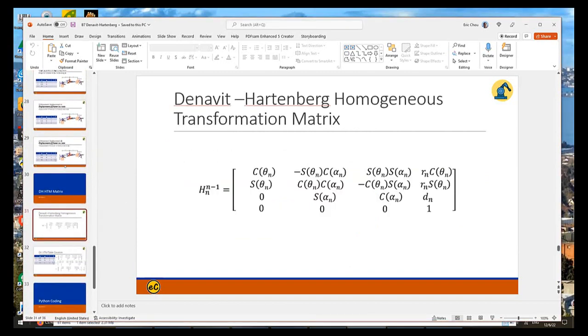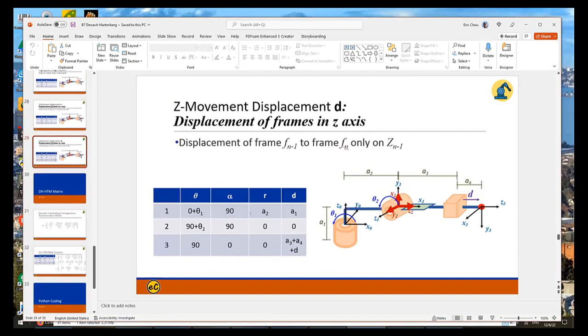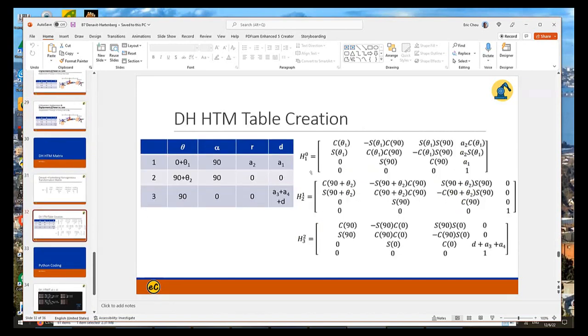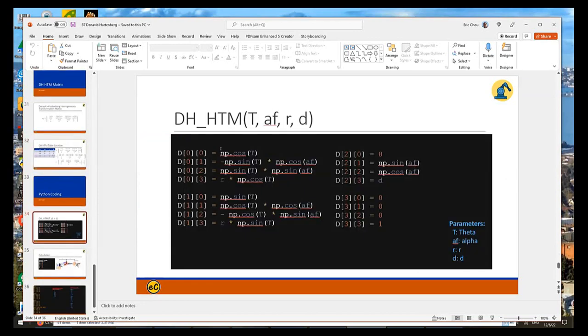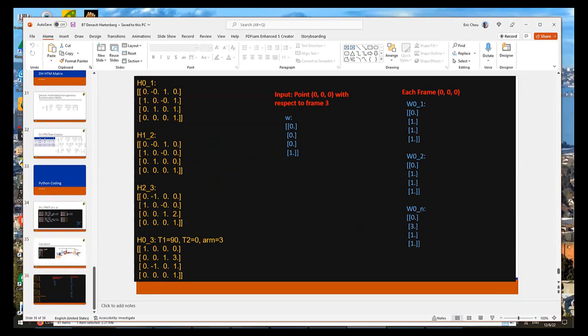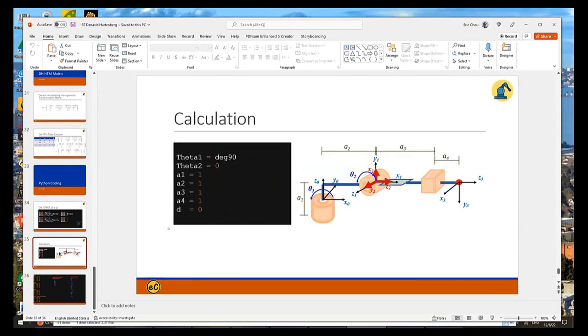And once you get the rows, plug into the Denavit-Hartenberg program, and you should get a matrix. You can directly call the function and pass the parameters in, and you should be able to get it. Is that okay?